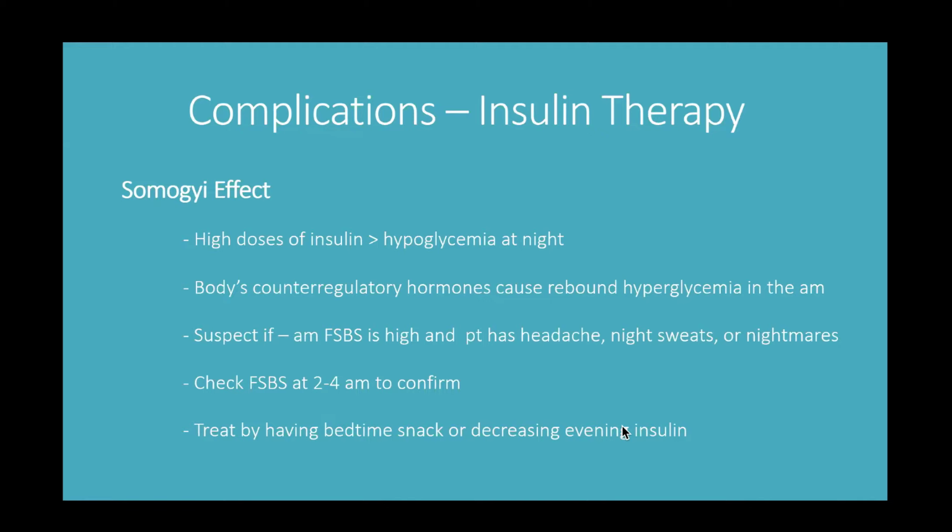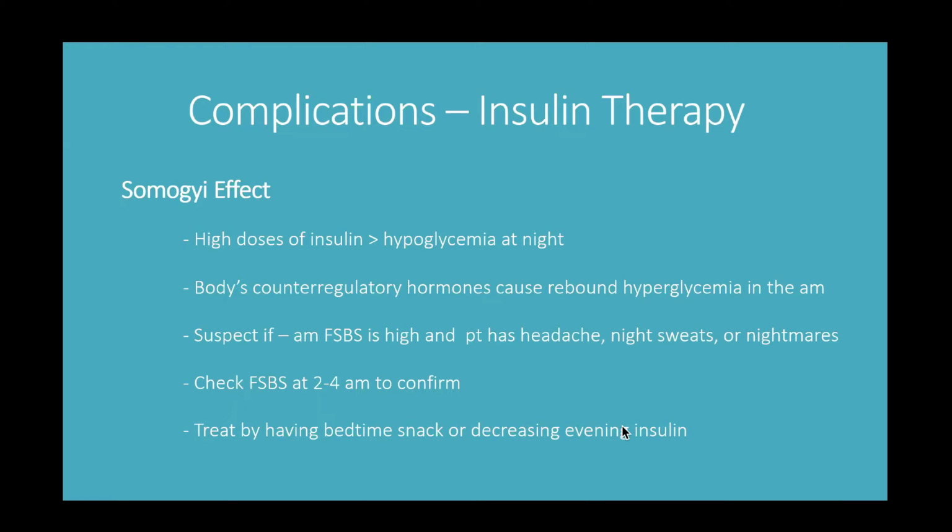And so the two of those combined, the peak happens at the same time, and they end up with hypoglycemia. The body recognizes that and releases hormones to correct that hypoglycemia during sleep. And so they wake up with a heightened blood sugar, but it's not from a lack of insulin, it's from an overdose of insulin when that peak effect is hitting.